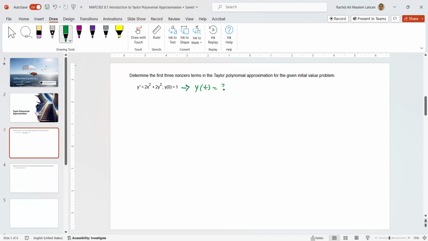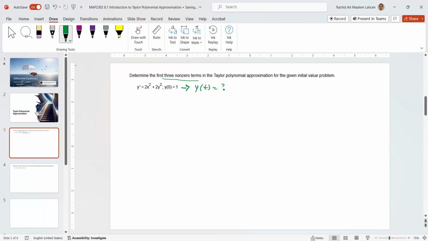And the more terms you find, the better fit this solution is, right? That's what you've seen in the past. But here, the request is just to approximate to three non-zero terms.